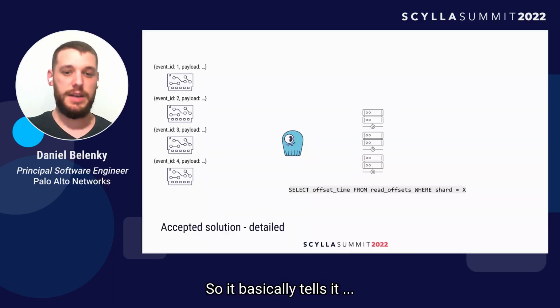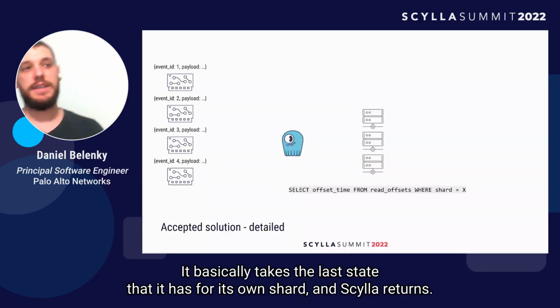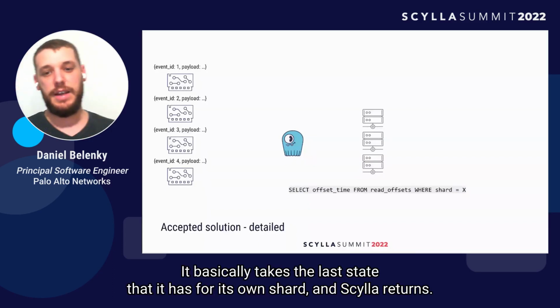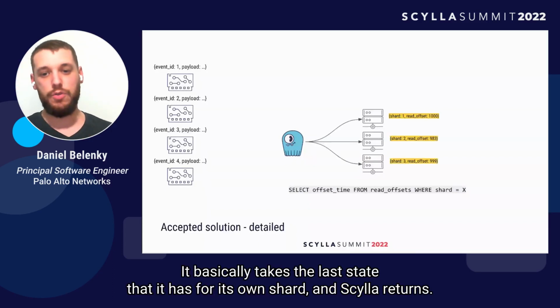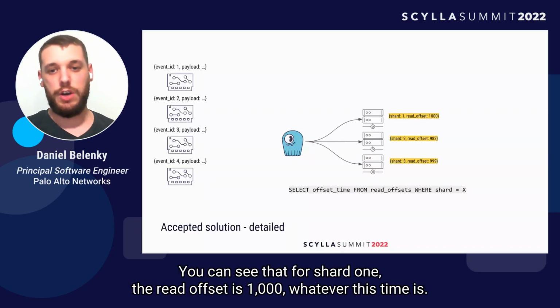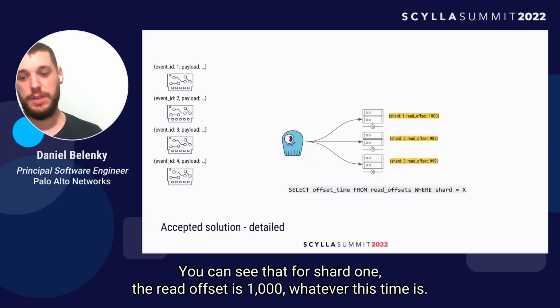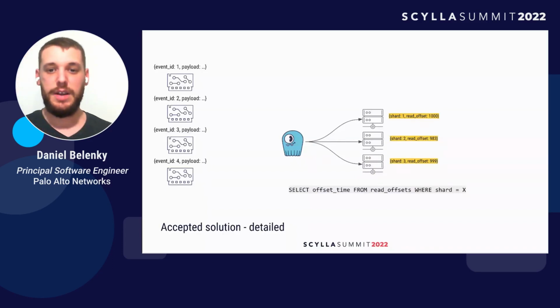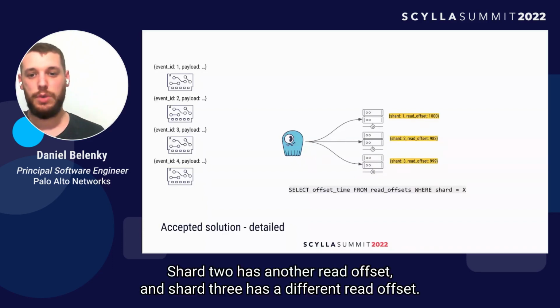So it basically takes the last state that it has for its own shard. And Scylla returns, you can see that for shard 1, the read offset is 1000, whatever this time is. Shard 2 has another read offset, and shard 3 has a different read offset.